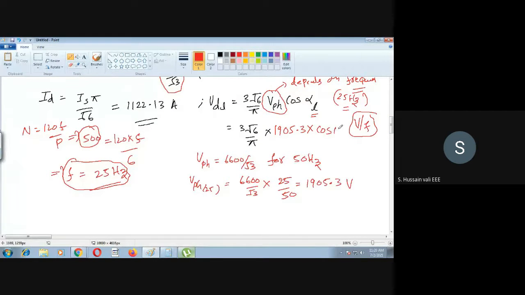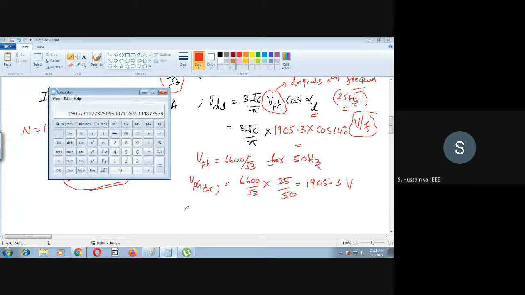Why are we doing all these things? Because we want to know the value of VDL. Then we'll find out cos of 140, and then you multiply with 1905.3.